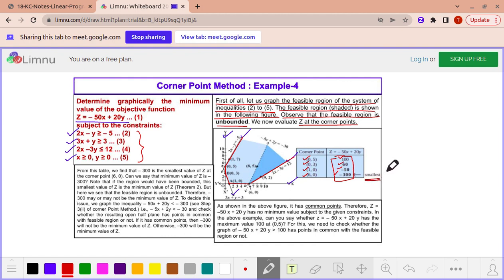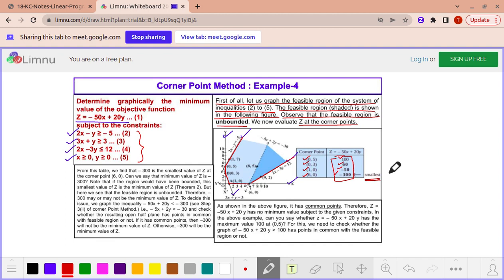Why? Because the feasible region is unbounded. If the feasible region is bounded, then we can say that minus 300 is both the smallest and the minimum value.